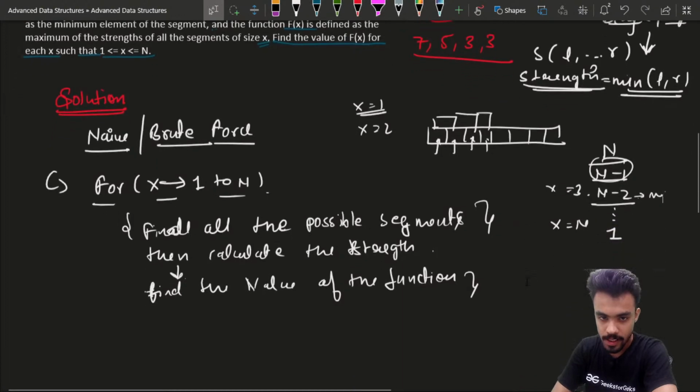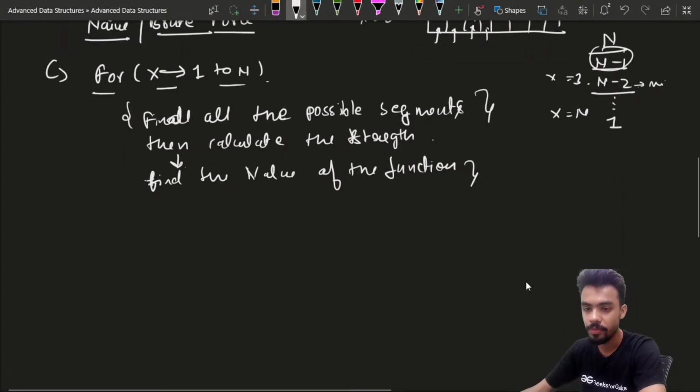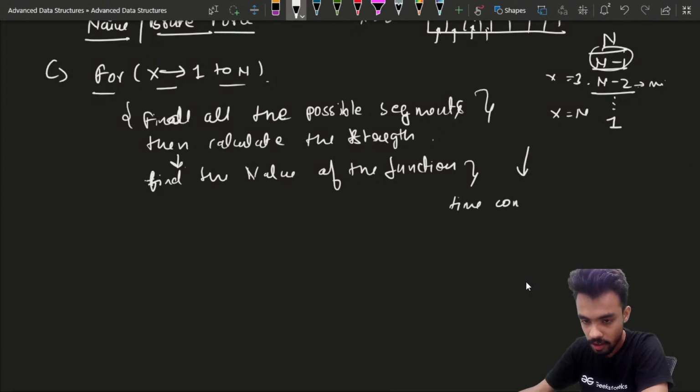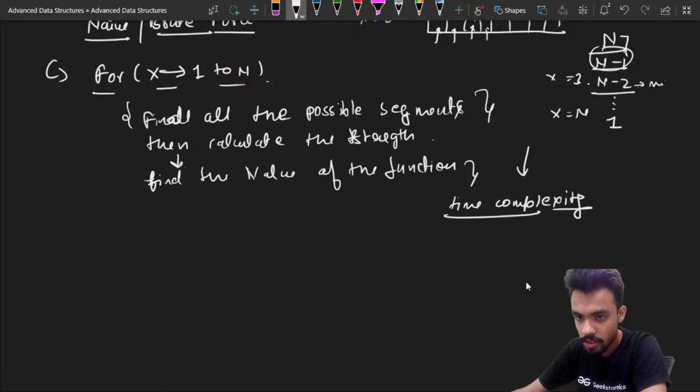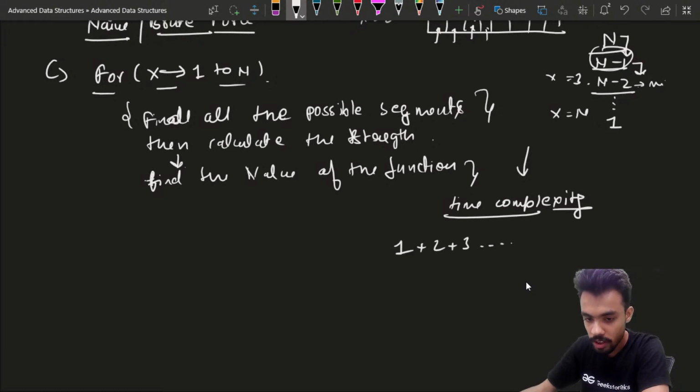Okay, let me move a little bit. Now let us try to analyze the time complexity of this one. Suppose you sum up these values, then this would be 1 plus 2 plus 3 all the way till n.